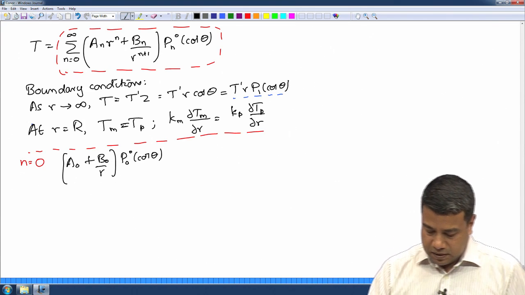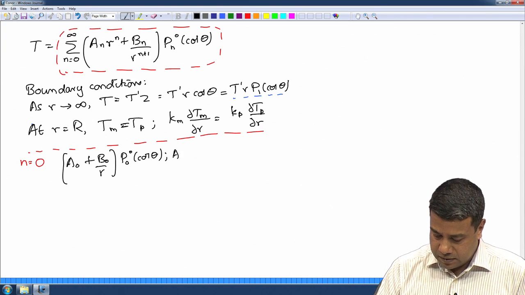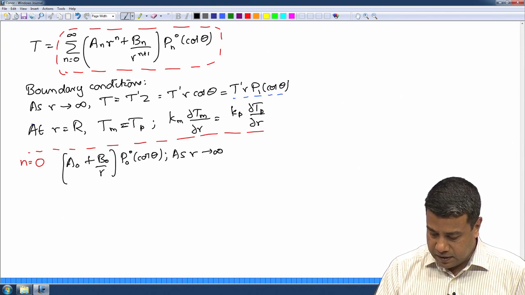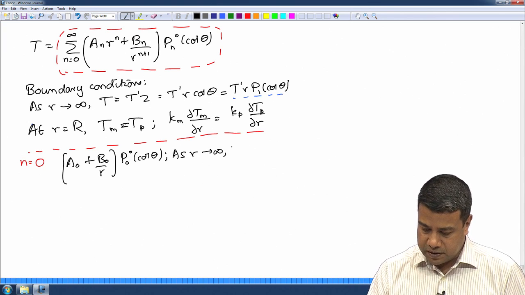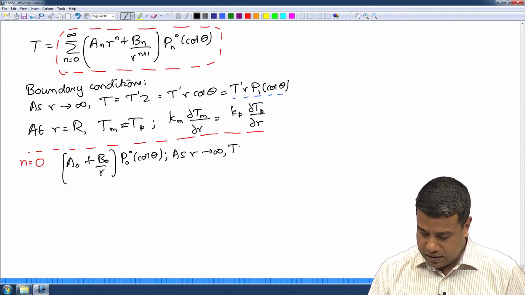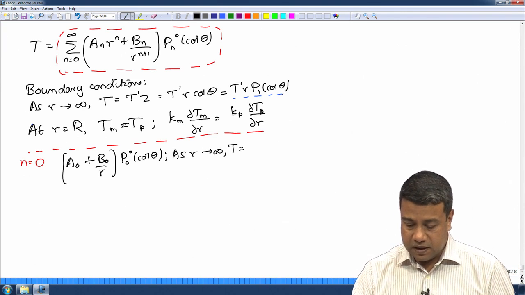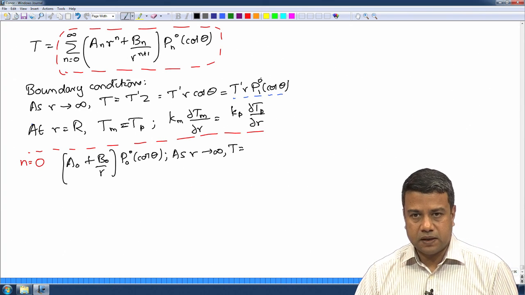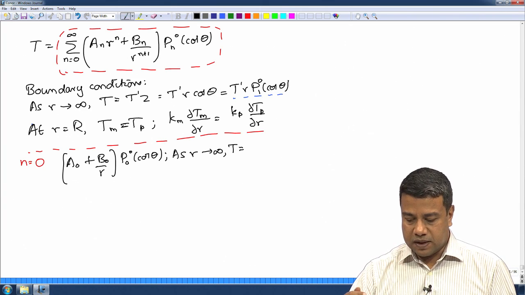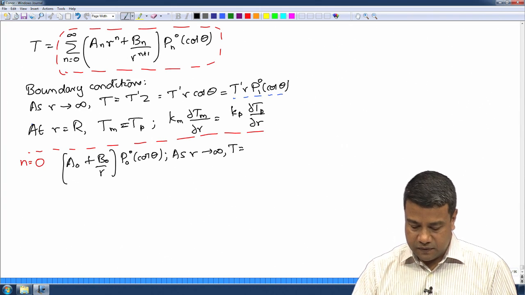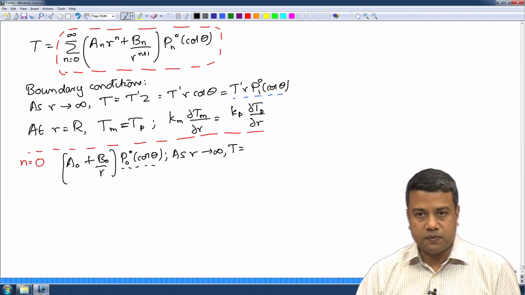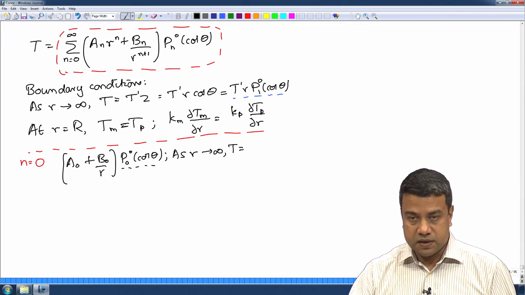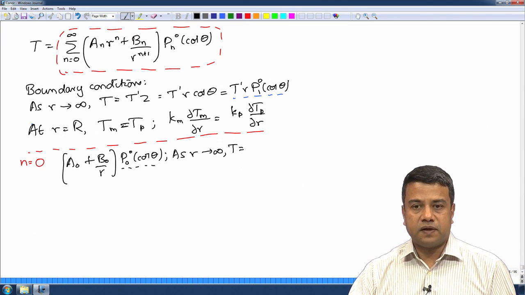As r goes to infinity, the temperature T is equal to T prime r times P10. So, if I were to calculate the boundary condition for P0, that would be 0, because this forcing at infinity is of the form P1.